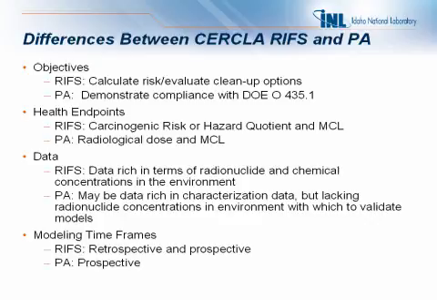Health endpoints: RI/FS is carcinogenic risk or hazard quotient, MCL. PA is radiological dose and MCL. There is a critical difference here when you deal with rapidly moving contaminants. The carcinogenic risk is computed over a 70-year lifetime. The dose is computed on an annual basis.